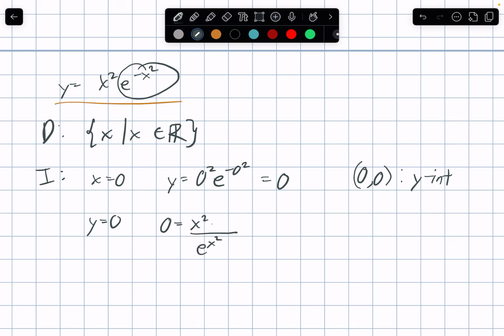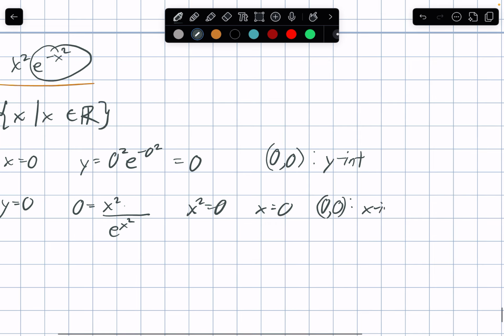Reciprocation, I guess. There you go. And we solve for x. So it just so happens that both our x and y intercepts are the same. So they are on the point of origin exactly.